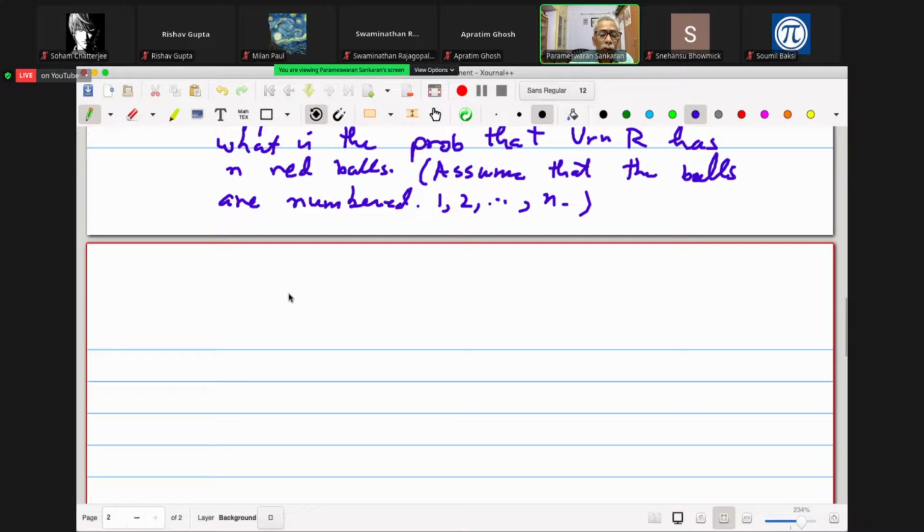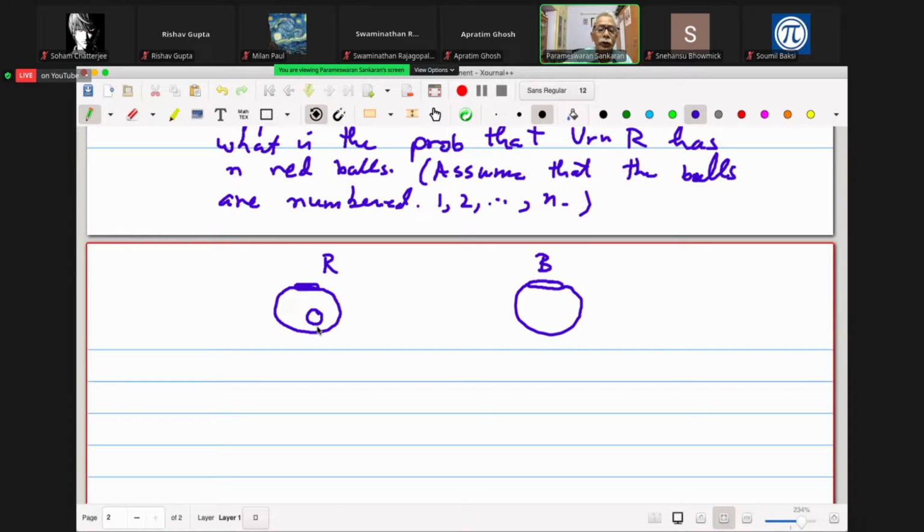This is my urn R and this is B. Now after k such transfers, whatever ball has moved, you want it to be back in R. Of course, that automatically means that blue must be back in blue.